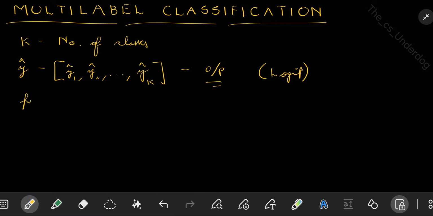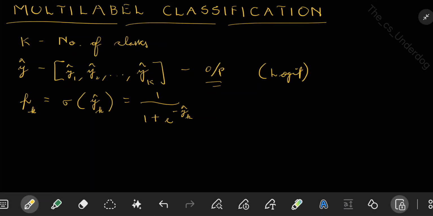So let us see how to find the probability for any of these particular YKs. I'll call it PK. This is the probability corresponding to one particular YK, maybe Y2 cap or Y3 cap. For this, you have to take sigmoid of YK cap. And what is the sigmoid? We already know this. This is 1 by 1 plus e power minus YK cap.